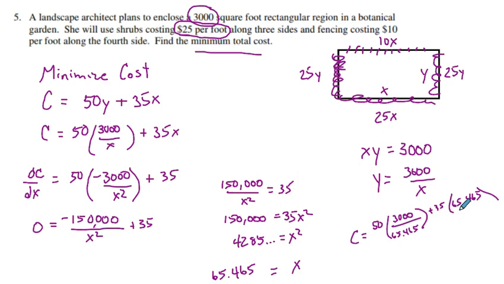So 50, and I've got 3,000 divided by second answer, plus 35, also times second answer, and I get a cost of $4,582.58. There it is. So $4,582.58.